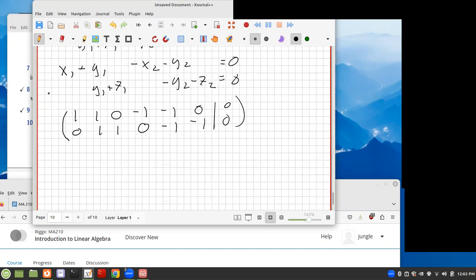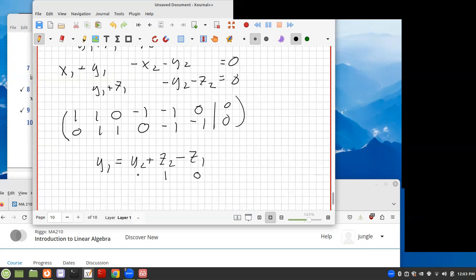So this last equation here would be y1 equals y2 plus z2 minus z1. Since z1 and z2 are free variables, we could choose z1 to be 0 and z2 to be 1, and then y1 would not equal y2, and z1 would not equal z2. And we can freely choose y2.